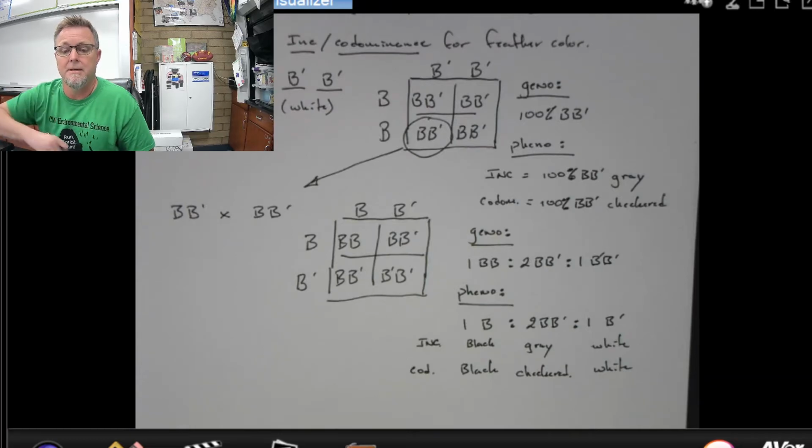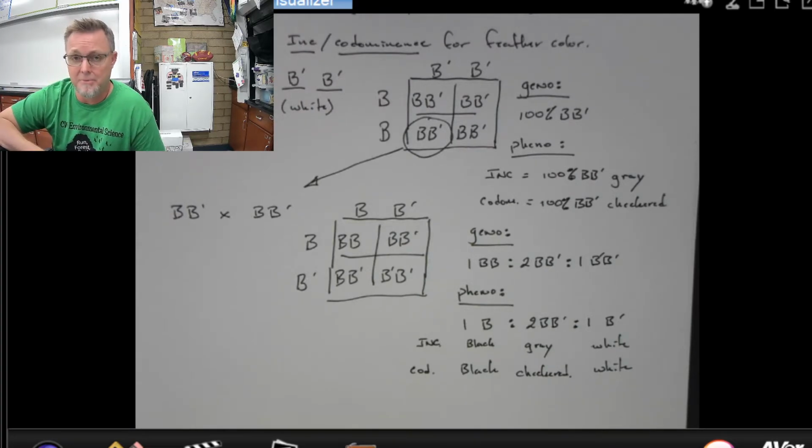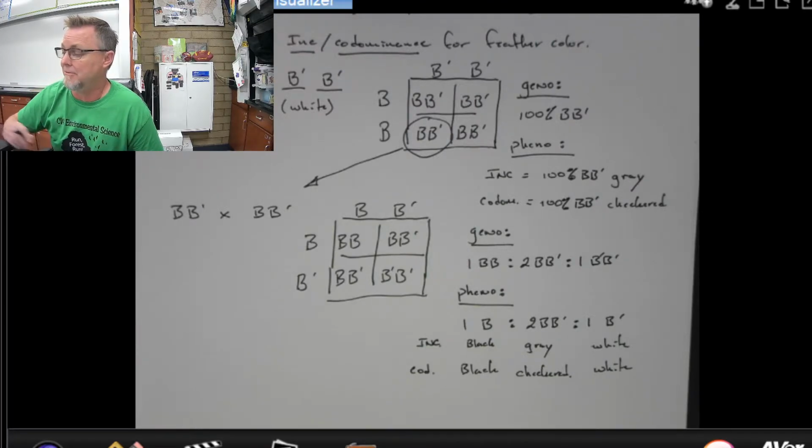Okay, so that's how you do incomplete and codominance. The big deal here is just that the letters look a little bit different, and the phenotypes change a little bit, but nothing I'm sure you can't handle. All right, practice it to make sure you get it locked in before test day.